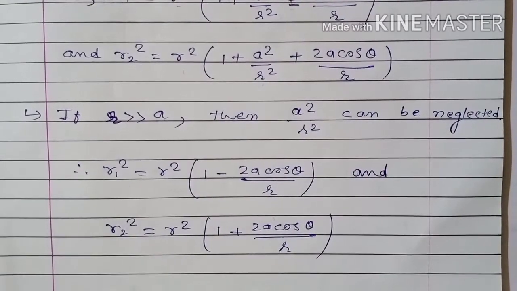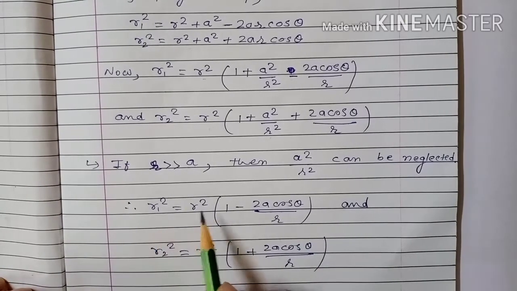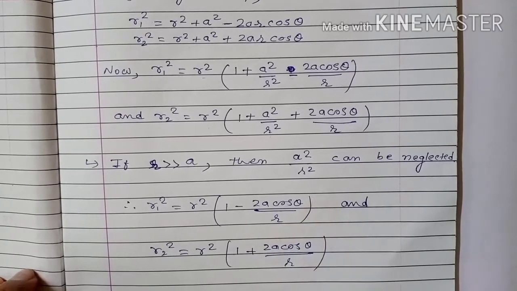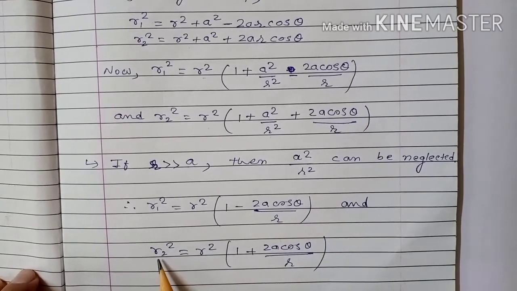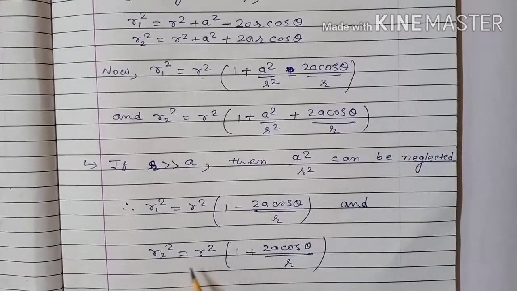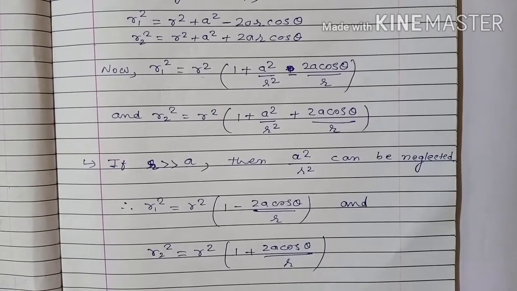Taking the square root on both sides, r1 is equal to r into 1 minus 2a cos theta upon r, raised to 1 by 2. Taking the square root for this equation, r2 can be written as r2 is equal to r into 1 plus 2a cos theta upon r, raised to 1 by 2.